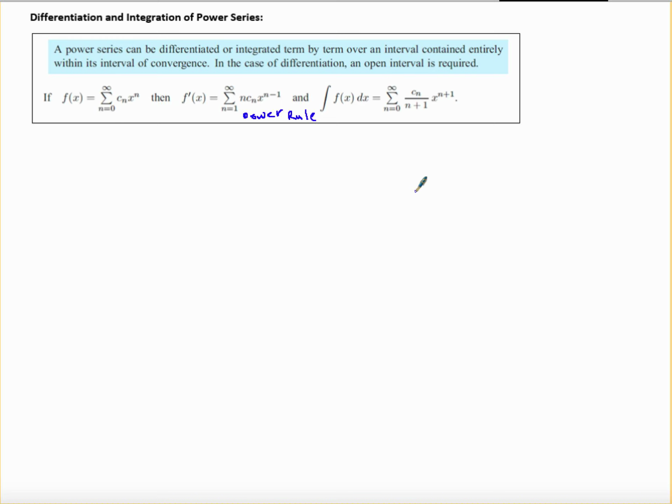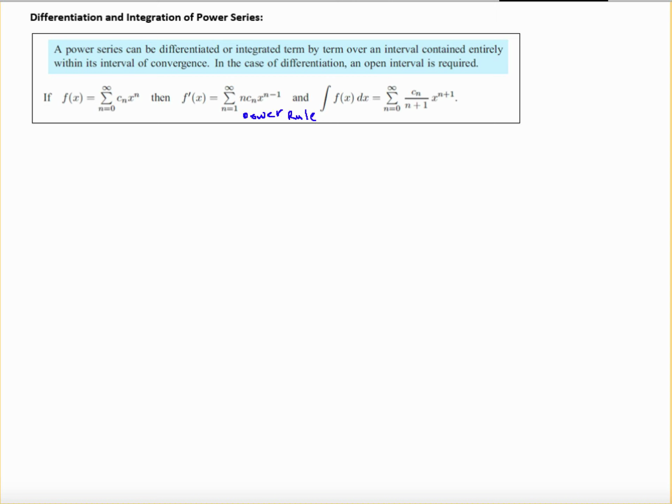Just as a reminder, we actually already calculated the interval of convergence for this series. We did this on problem number 2, I believe, and we figured out that the interval of convergence for this series was from -1/3 to +1/3. One thing that we should note is that in order to take the antiderivative, the upper and lower limits of integration have to be on the interval that the power series converges for.